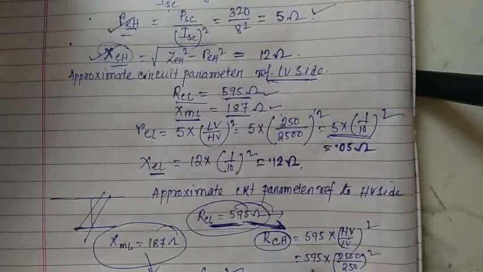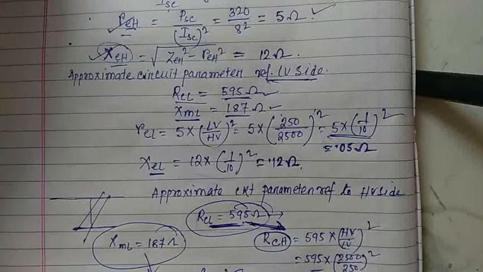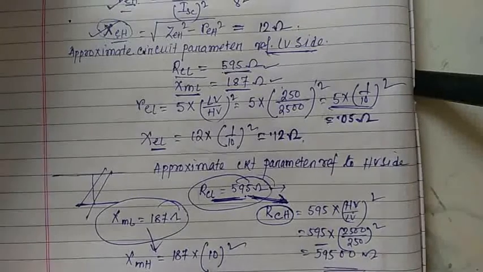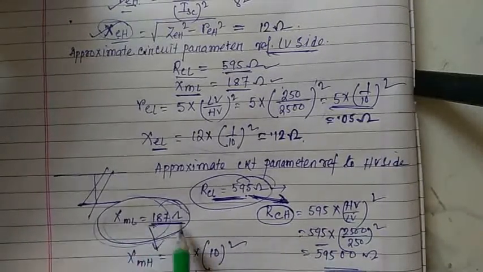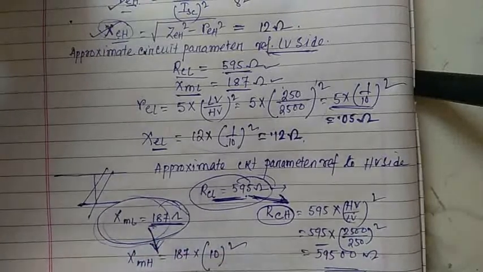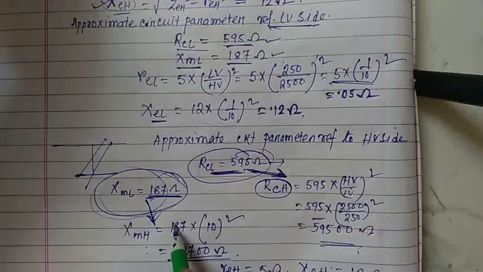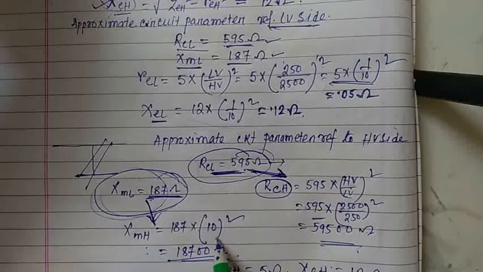So 595 into 2500 divided by 250 whole square gives 59500 ohm. Similarly XML, calculated on the low voltage side as 187, must be transferred to the high voltage side: 187 into high voltage by low voltage square, so 18700 ohm.